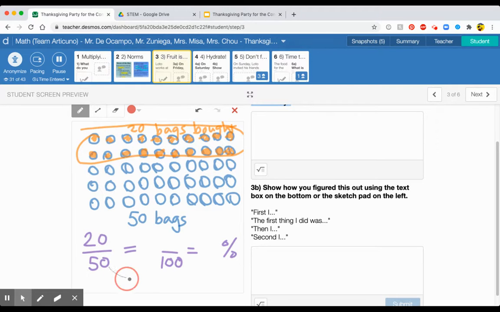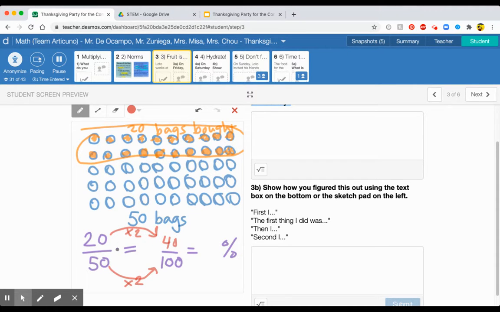One way is using multiplication. So 50 times what is 100? How many 50s make 100? Well, the answer to that is 2. If you multiply the denominator by 2, you have to do the same thing to the numerator. Multiply also by 2. 20 times 2 is 40.